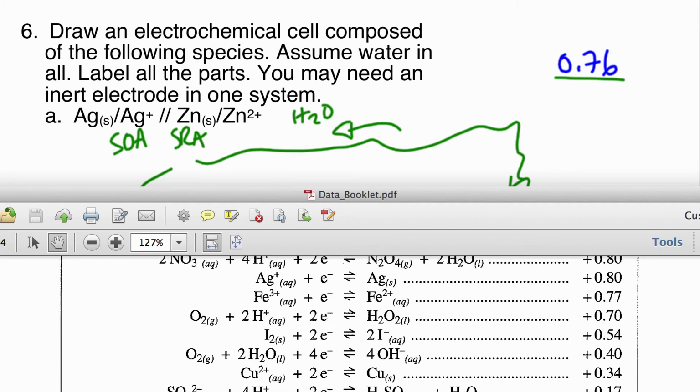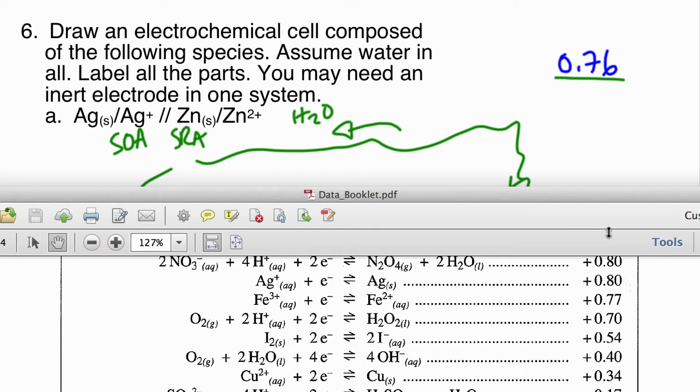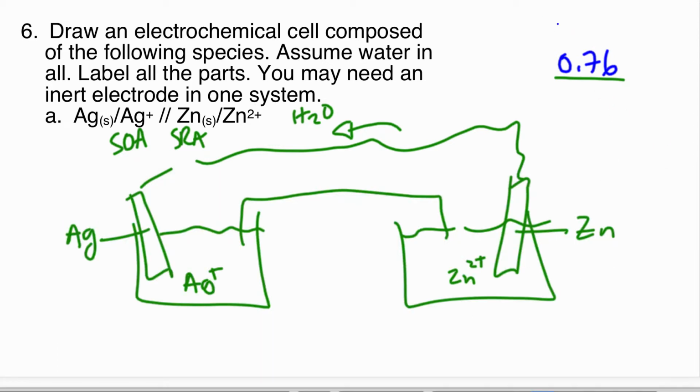Where's silver? Silver's right there. Positive 0.80. So if you add those up, 1.56 will be the voltage. Okay, so that is our voltage. It's positive, therefore it is a spontaneous reaction.